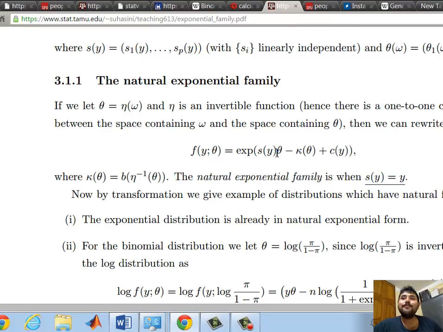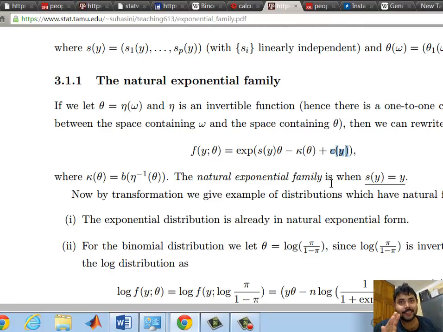They have made y by a of phi equal to s of y into theta, just for namesake. And then the b of theta by a of phi becomes a kappa of phi, and then c of y. So they say, like in our case, we have a natural exponential.